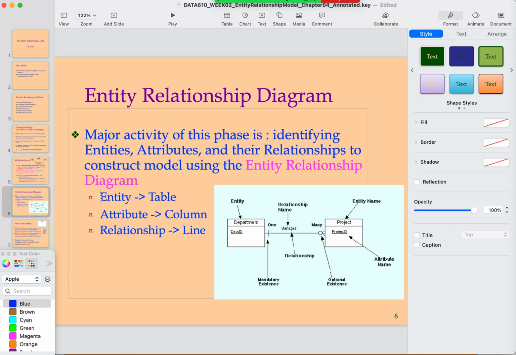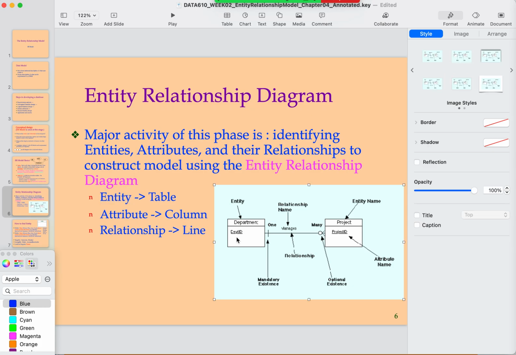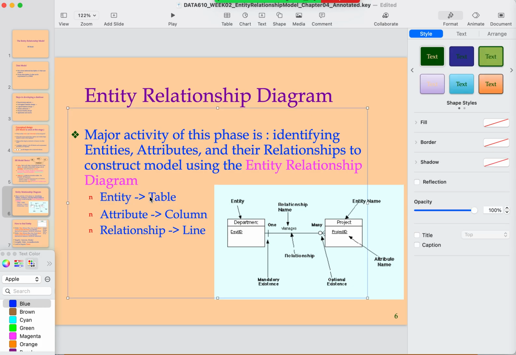The entity is represented as a rectangle in terms of the visualization on the diagram. So this is a visual representation of the database. The entity would be pictured as a rectangle, and it's a table because in the relational database the data is in the form of a table, as we explained in the previous lecture.